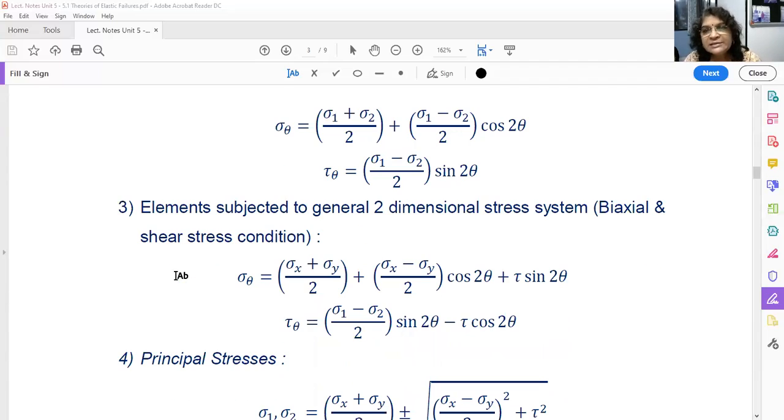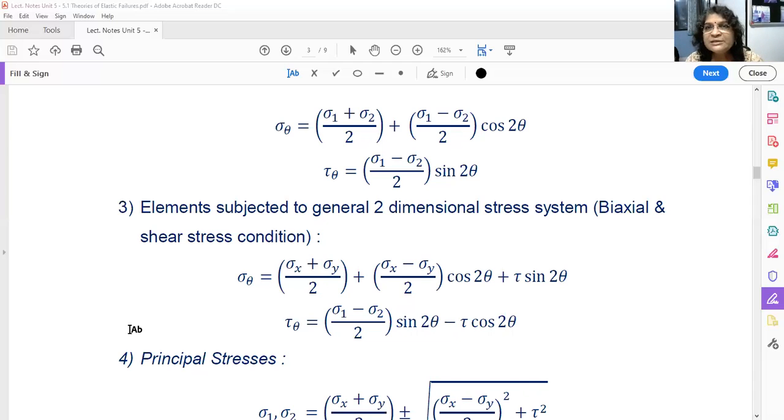The third case is an element subjected to a general two-dimensional stress system. What does that mean? It consists of biaxial stresses and also shear stresses. If this is your element, suppose tensile stresses are acting along the x-axis, tensile stresses are acting along the y direction, and there is also shearing taking place along the x plane and the y plane.